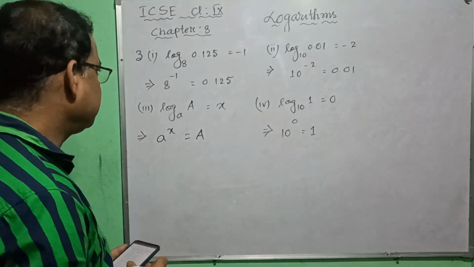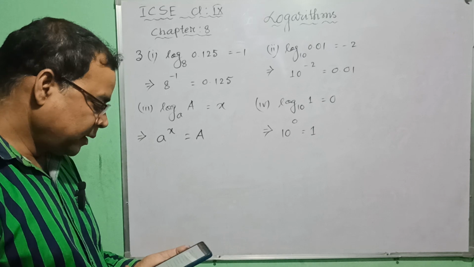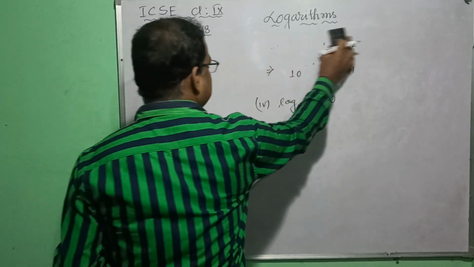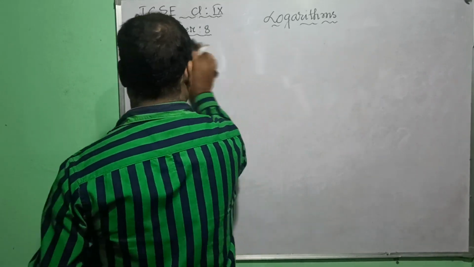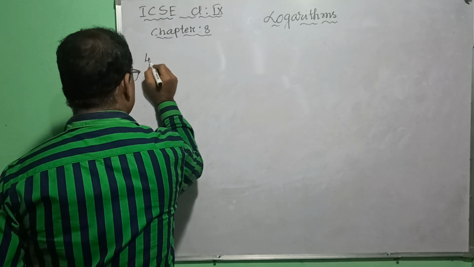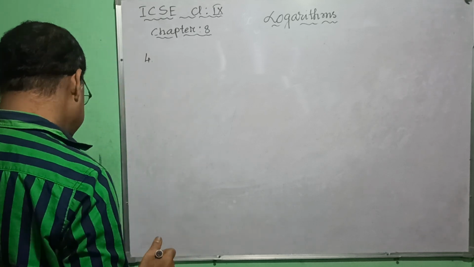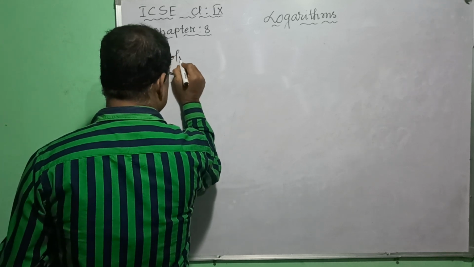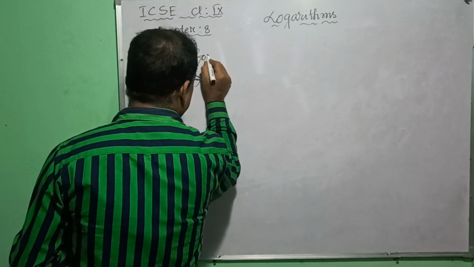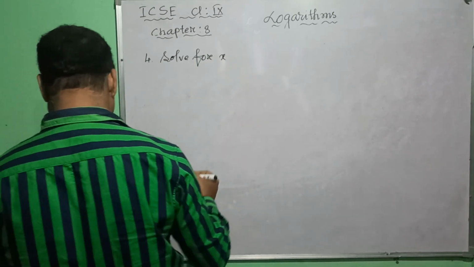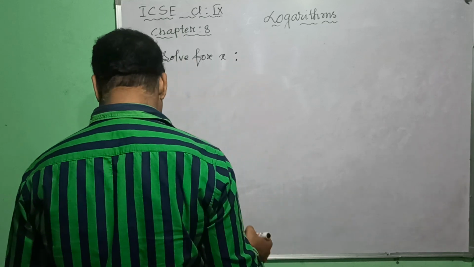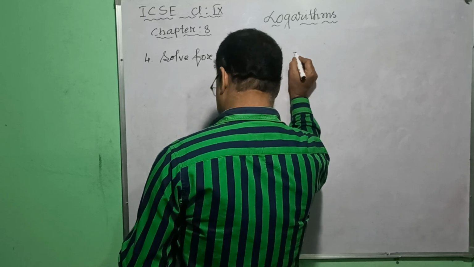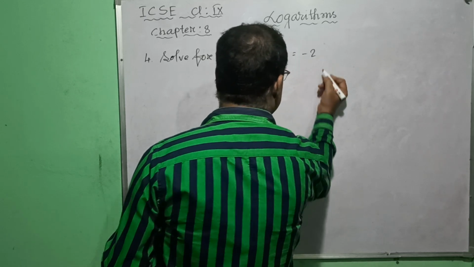Here 4 questions are given to convert it into logarithmic form. Now in question number 4, it is given solve for x. It is given log x base 10 equal to minus 2.